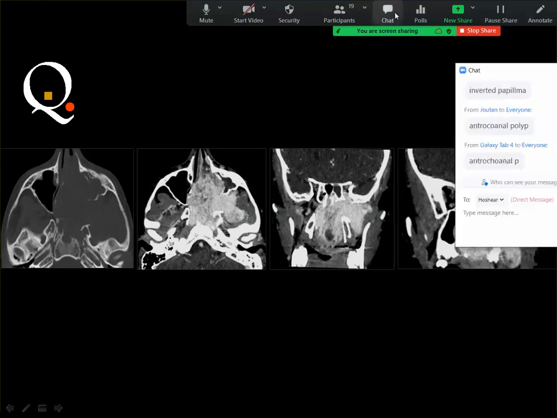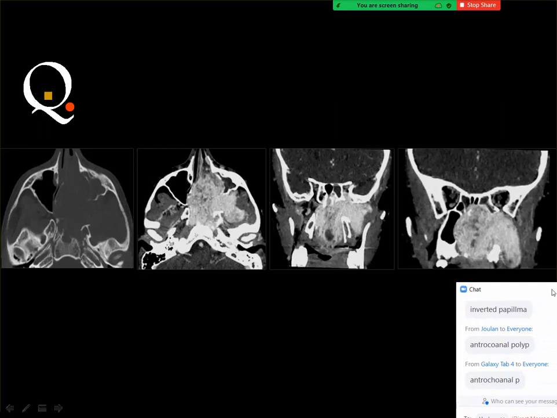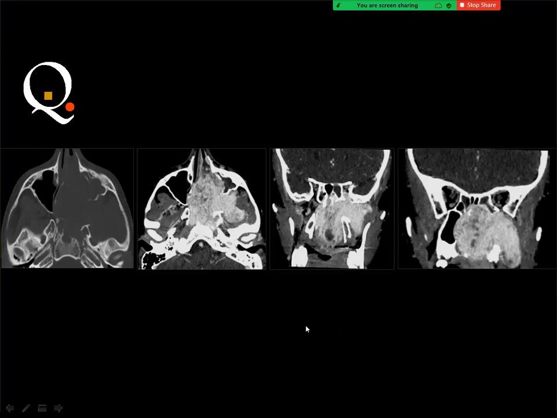Okay. Then what do you think of this lesion, an enhancing lesion in the pharynx with this classic extension through the pterygopalatine fossa, and this is angiofibroma. Yes, this is right.